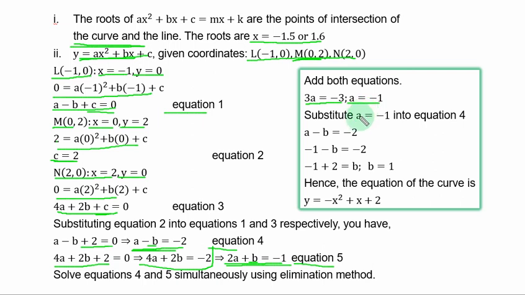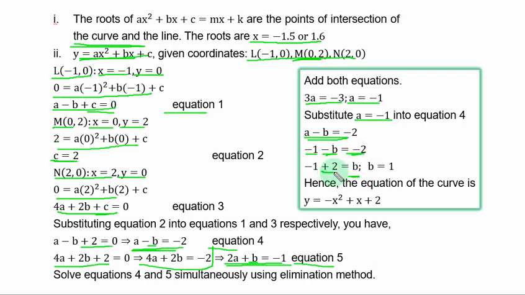To get b, you need to substitute a equal to minus 1 into equation 4 or equation 5. Here we have equation 4. You replace a with minus 1, minus b equal to minus 2. To make b positive, transfer it to the right hand side and transfer minus 2 to the left.